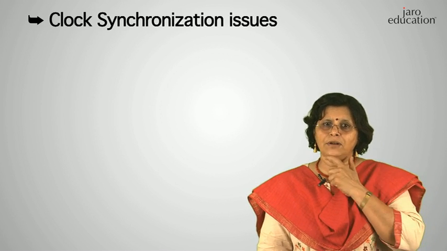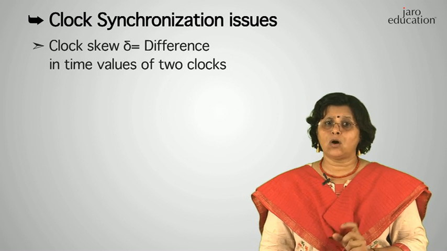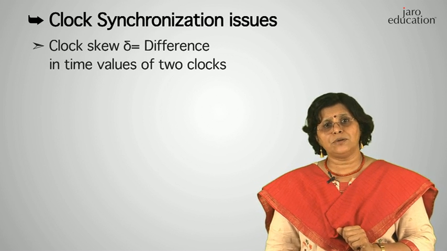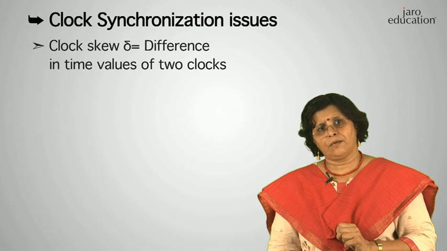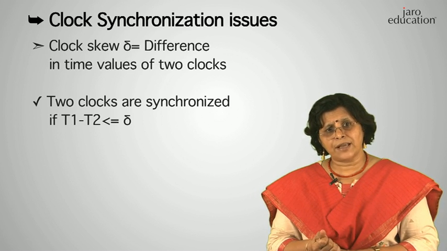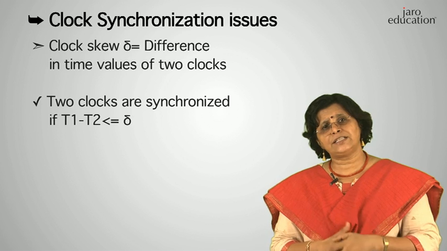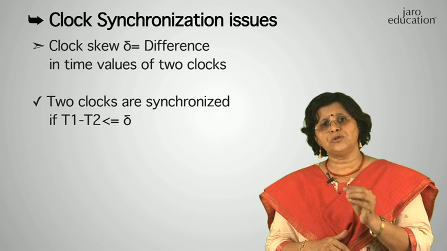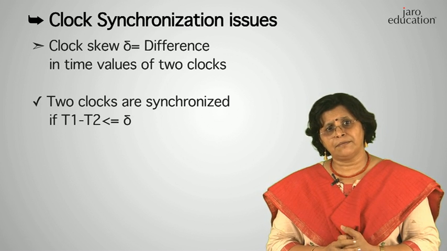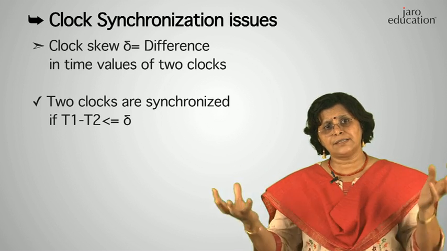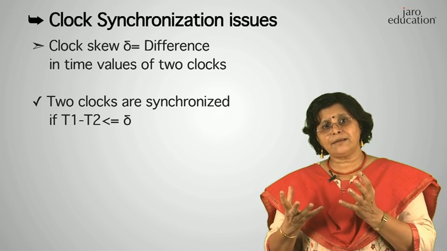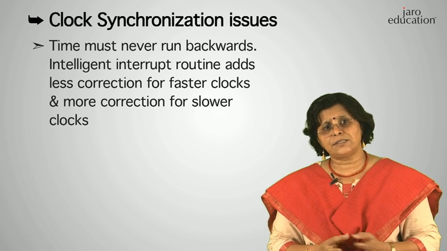Now the first thing we'll look at is a term called clock skew. Clock skew is basically the difference in the values of the two clocks. Whenever two clocks are synchronized, skew has to be very small or nearly go to 0. The second important point is that whenever events occur in a system, time cannot go backwards.